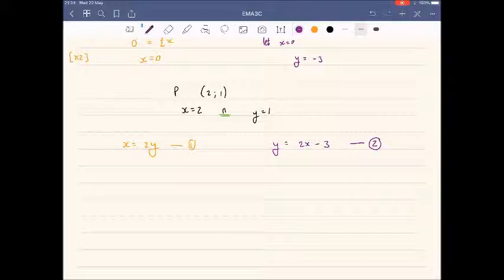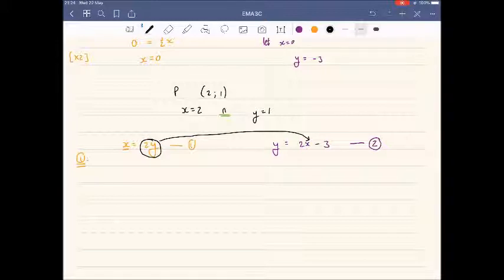We want to get the one side with only one variable, and in this case the easiest one to work with will be 1, right? Because we have the x all alone. So let's take this x and let's substitute the value that it's equal to, this 2y, into the x value here.